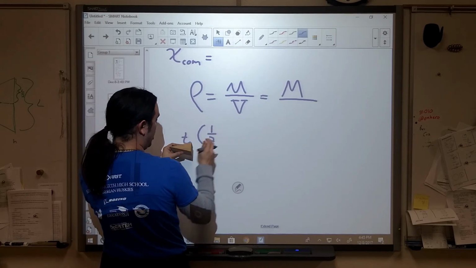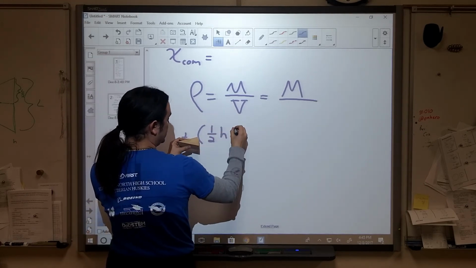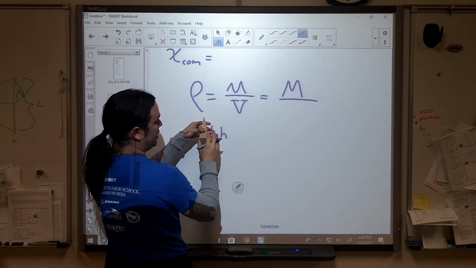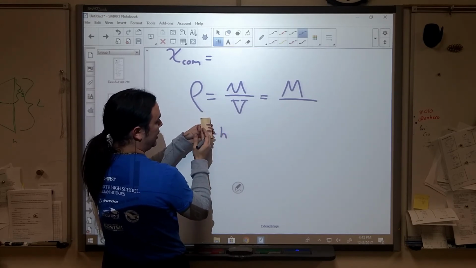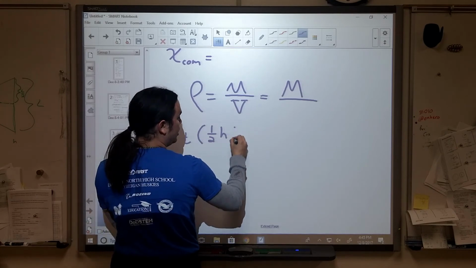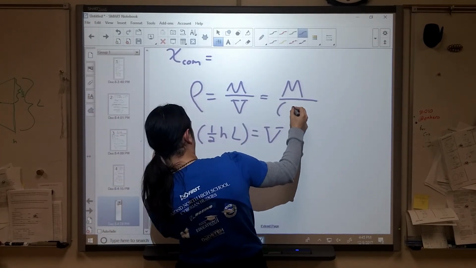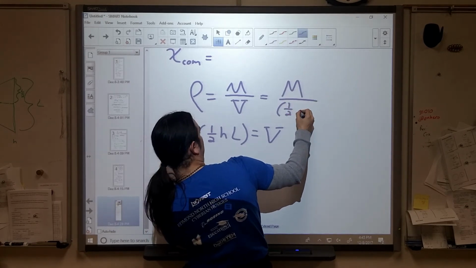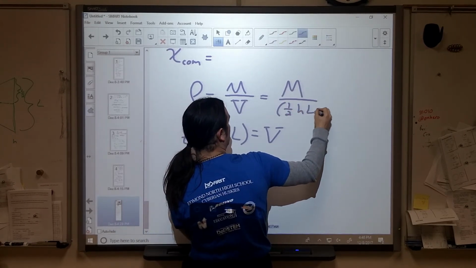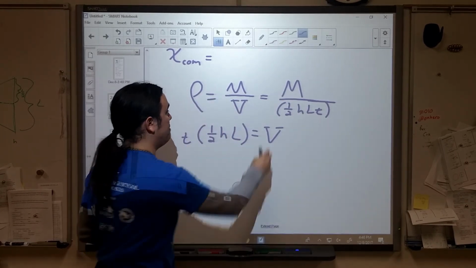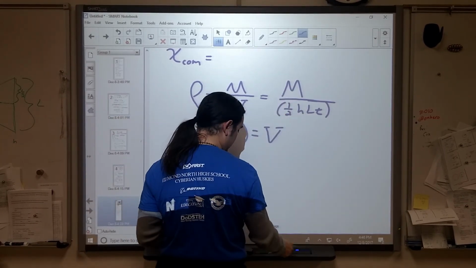So we know that that's going to be 1/2 h times L, base times height. 1/2 of that will get me the area of the triangle. Then I multiply it by the depth here, t, and that will be equal to our volume. So 1/2 HLT is going to be our volume. So my density is equal to the mass divided by 1/2 HLT.